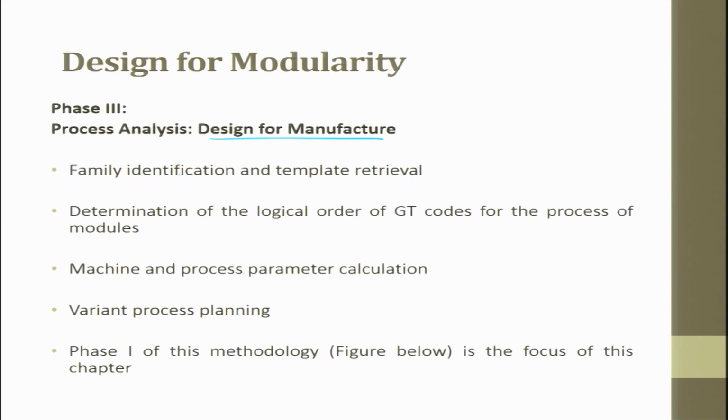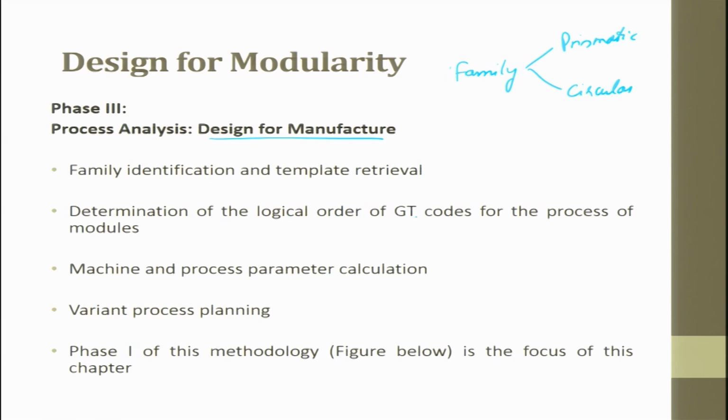Family means you try to see whether it is prismatic or circular, or you can have some other family, for example fastening family, locking family, something like that. Family identification is done because in your library function you already have this module. So, whatever is there you retrieve it. That is part of process analysis.